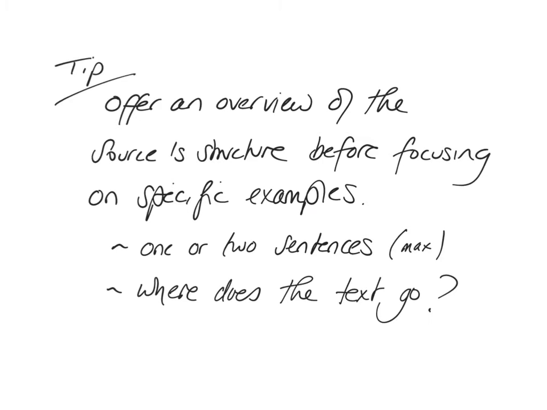So have a think, what might you say about our extract so far? Could you come up with a maximum of 1 or 2 sentences with some structural thoughts about where the text goes? Is it chronological? Is it not chronological?